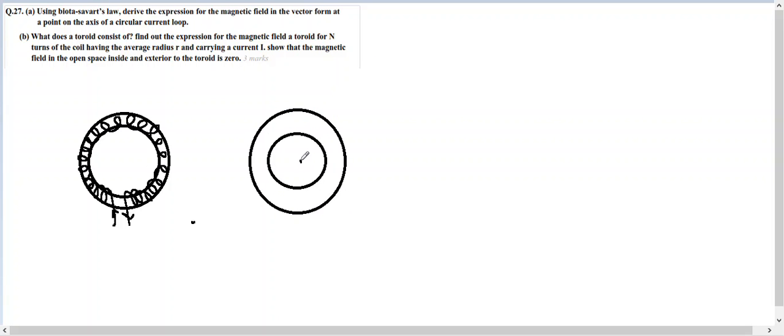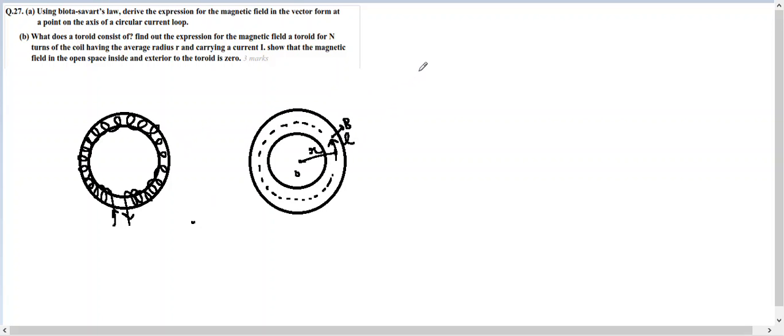If O is the center, let us take this circle of radius small r. The length element is going like this, and that's a small dl element that we are going to consider. B is going to be in this direction as well.